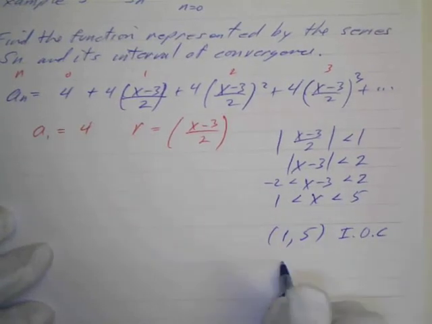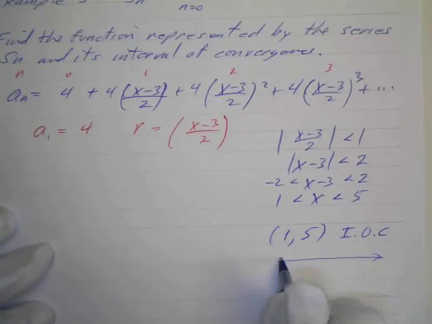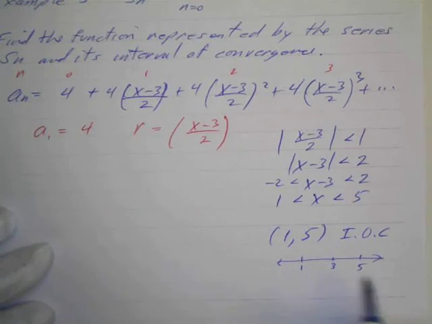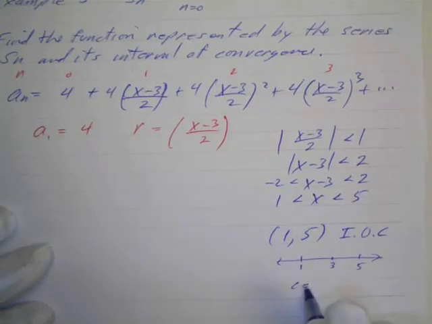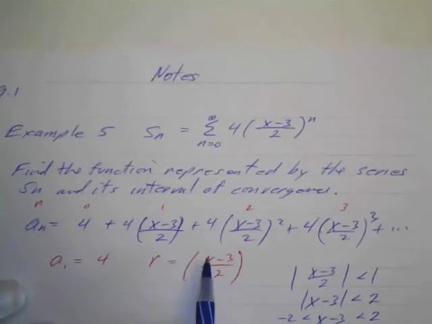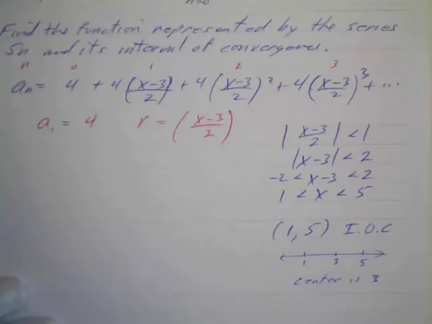And the center: here's 1, here's 5. What's right in the middle? 3. So the center is 3. And look over here, see it's x minus 3, so maybe that's going to start to give you an indication of what the center is.